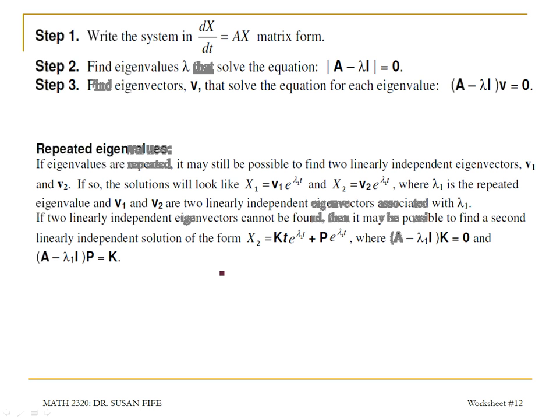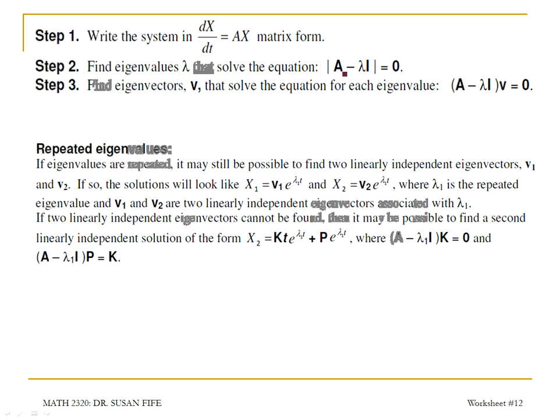So our steps for solving a system of linear differential equations using eigenvalues and eigenvectors are up here. Step 1 is to write the system in matrix form, and then step 2 is to find the eigenvalues, lambda, that solve the equation.